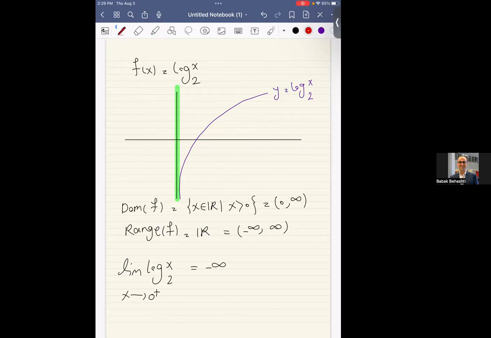Just remember that 2 to the power minus infinity is 0, right? So log of 0 plus is minus infinity. Therefore, x equal to 0 is a vertical asymptote.